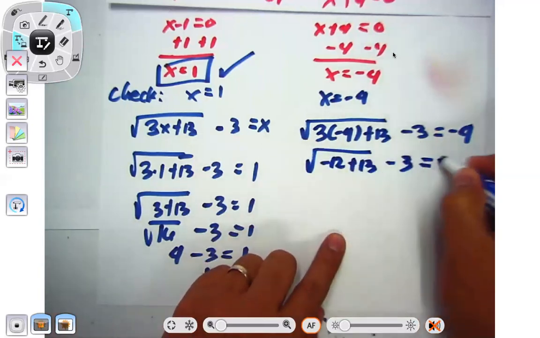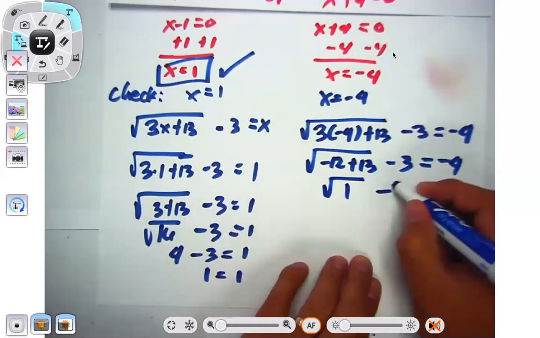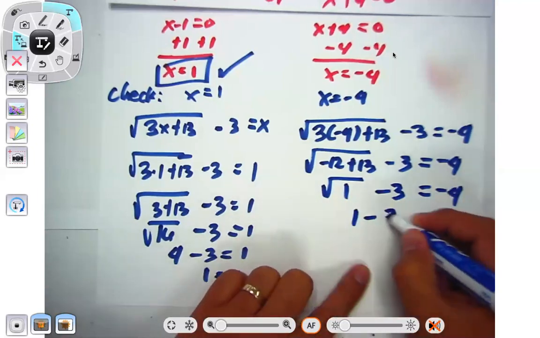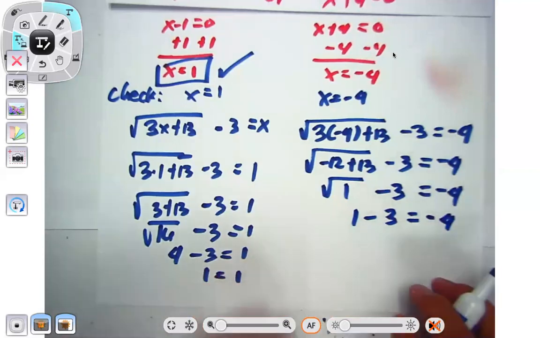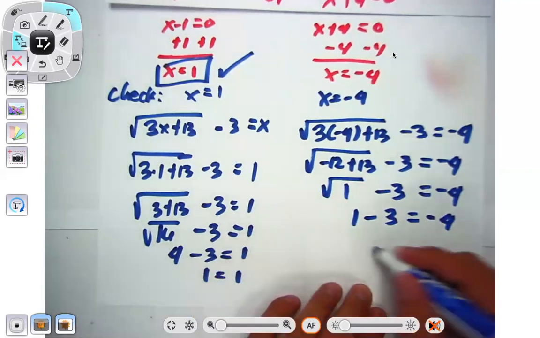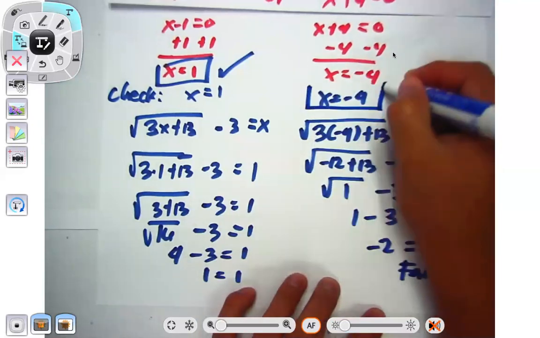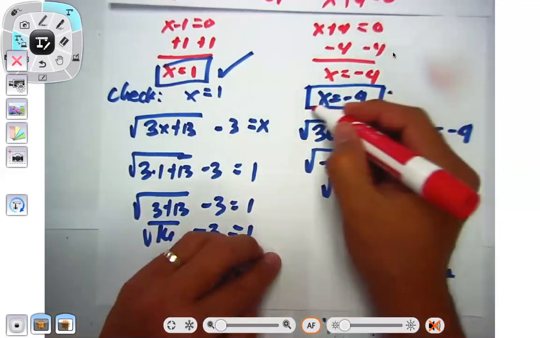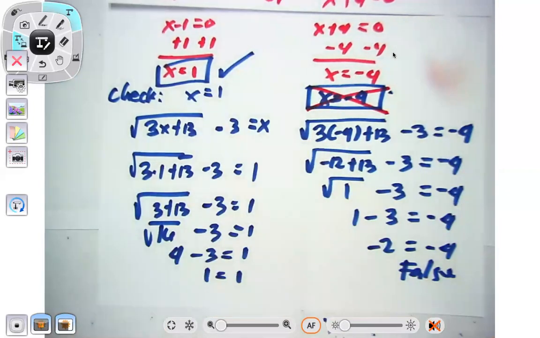Negative 12 plus 13 is 1. Square root of 1 is 1. And what's 1 minus 3? Negative 2. Are they equal? Oh, this one is false. Therefore, this one is not a solution, so we can cross this out. The only solution is x equals 1.